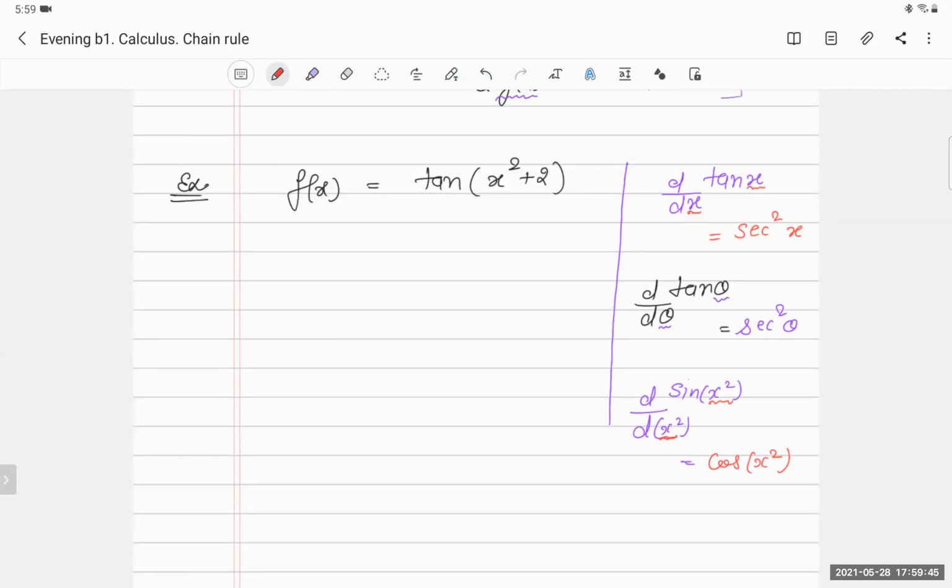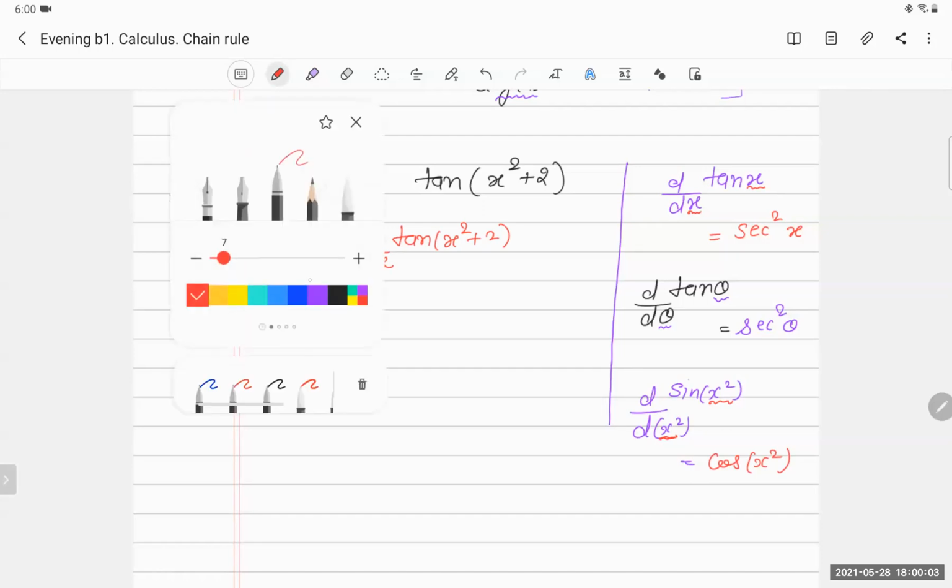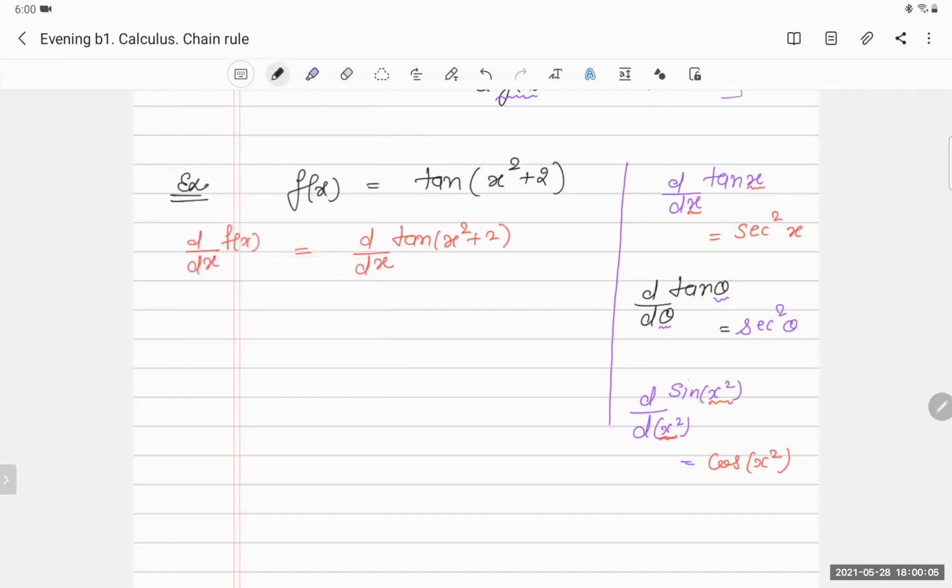So that is what I am going to do here. I am asking you to solve d by dx of f(x). So I should write it as d by dx of tan of x square plus 2. Now see, can I write it as sec square? No, because here the differential element is x and here it is x square plus 2. So these are not identical.